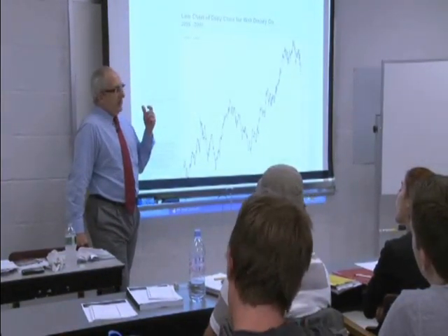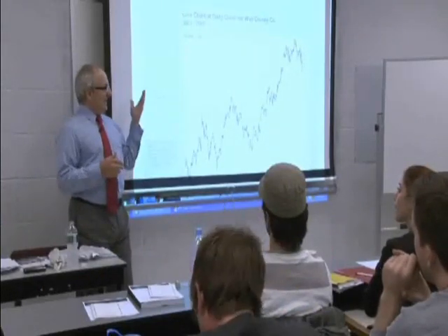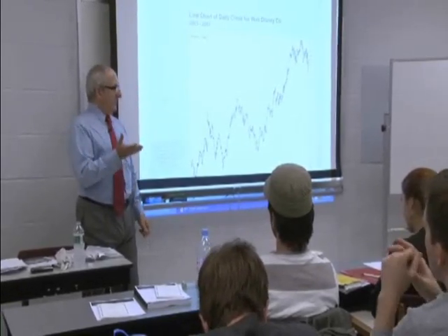In essence, if you're just using one type of indicator, either the trend following indicators or the oscillators, you tend to get yourself in trouble. So what you need to do is integrate the overbought, oversold type oscillators with some trend following as well.